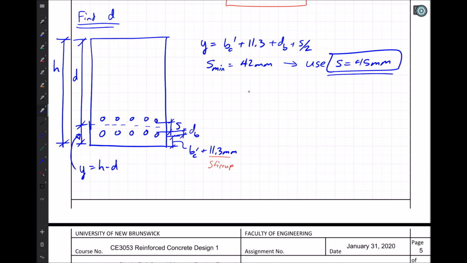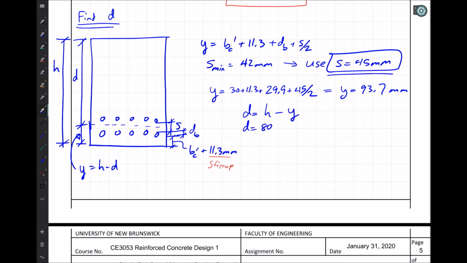And from that, we can then calculate Y is equal to 30 plus 11.3 plus 29.9 plus 45 over 2, which gives us Y is equal to 93.7 millimeters. This gives us D, because we've used H as 800.